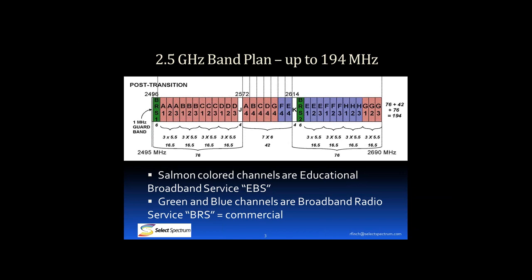So 16.5 plus 6 is 22.5 megahertz. That's a typical license. If, for example, you're able to acquire rights to A and B, you would have a total of 33 megahertz in the lower band and 12 megahertz in the mid band, so 45 megahertz altogether. That's the standard band plan.